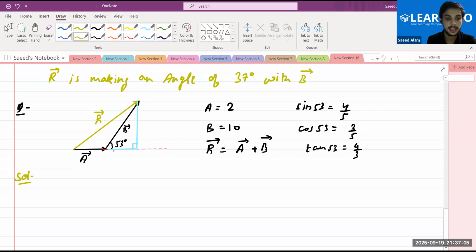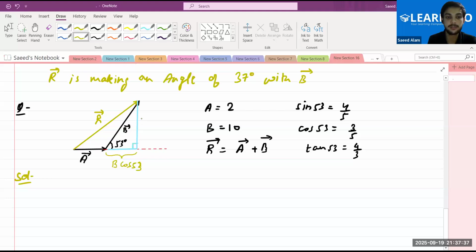Now tell me one thing. Again, you should be using your mathematical skills. What will this length be equal to? Yes, you had reached 6, but in terms of B and 53, tell me. B cos 53. Yes or no?